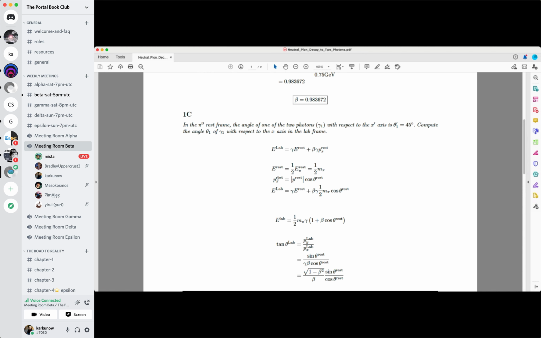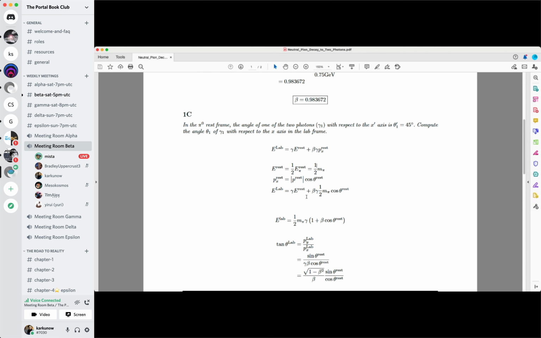So now that we have the momentum of the first photon along the x direction, we can plug this into the inverse Lorentz transformation expression that I have up here. Plugging everything in, we end up with the energy in the lab frame in terms of theta in the rest frame.